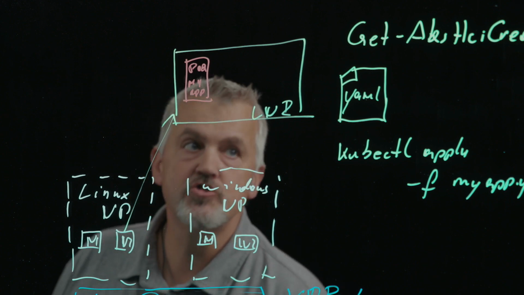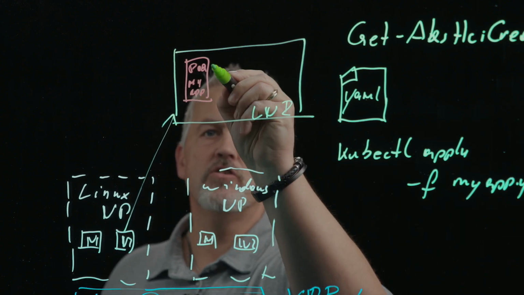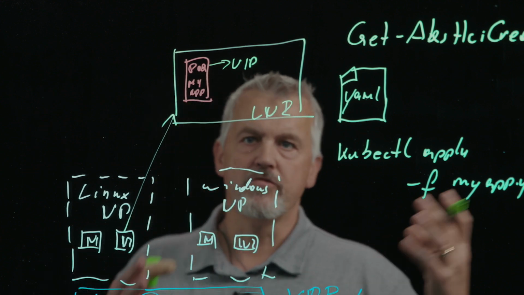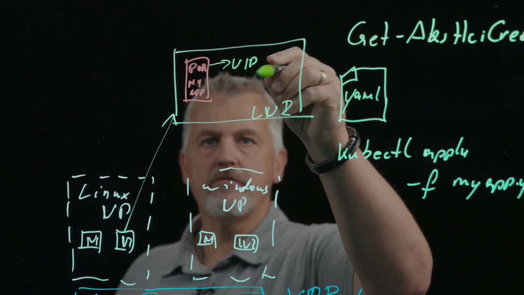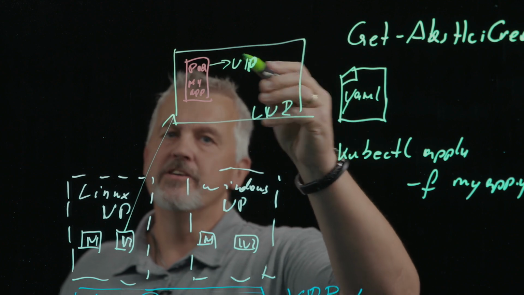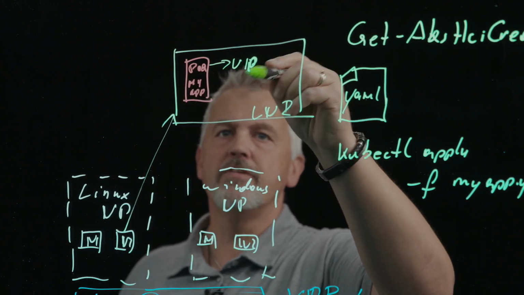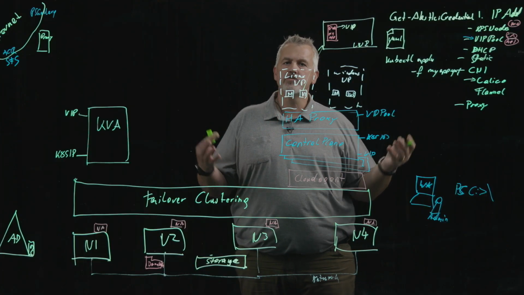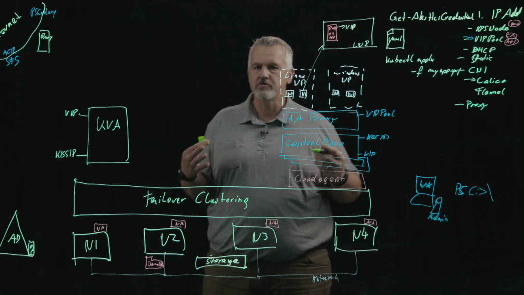And my app will consume, because we defined a service, a VIP out of the VIP pool. And through that VIP address, it's now reachable. Usually in customer deployments, that VIP pool or that VIP address is linked to an external router so that the application is reachable from the outside.